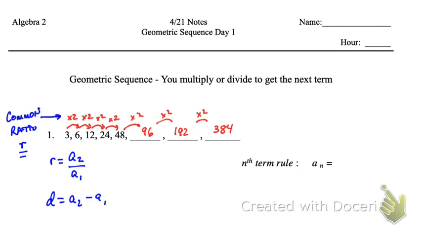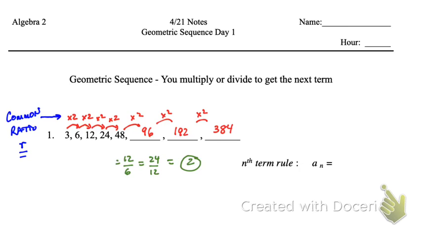For our geometric, we have to divide. So we could have done 6 divided by 3, 12 divided by 6, or 24 divided by 12. Each one gives us that positive 2 that we multiplied by. So that's how you find r.